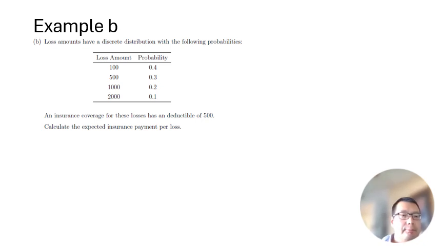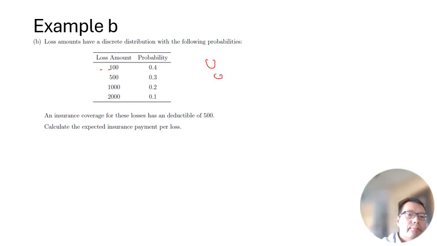This is a discrete distribution, but it's actually simpler than a continuous one because all you need to do is add them up. First we look at each loss amount. The first loss amount is $100. The deductible is 500, so the payment should be 0 because 100 is less than 500. For the second one, loss amount is 500, so the payment from the insurance company will still be 0.